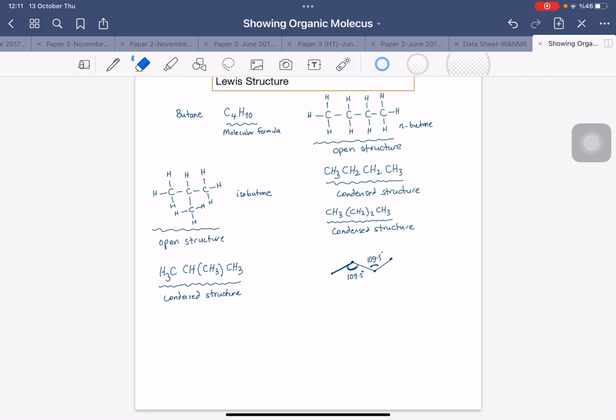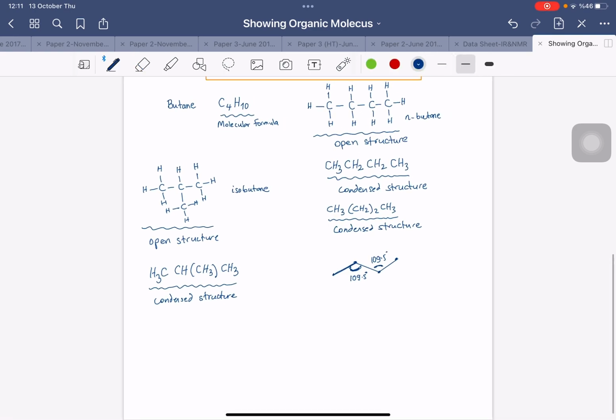Okay, let's draw the line structure of isobutane. This time in a straight connection, there are 3 carbon atoms. I will put 3 dots. And this middle carbon has a branch, 1 carbon atom.